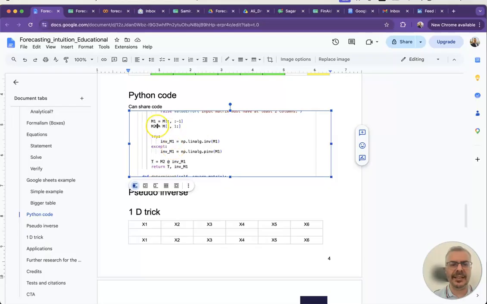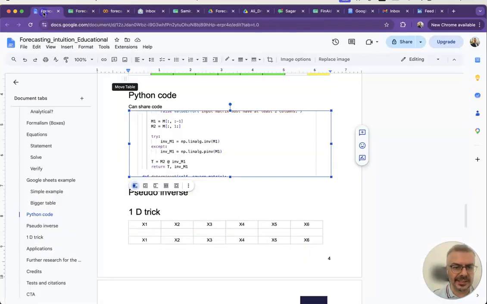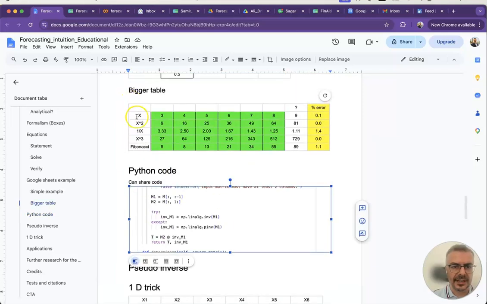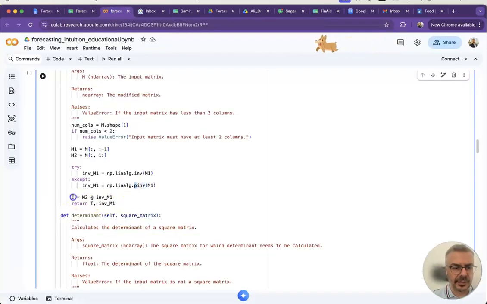Now, if I want to systematize this, here is the Python code. It's in Google Colab. M1 defined, M2, and then this is the inverse, simply inv in Python, or pinv, the pseudo-inverse, which goes through matrix decomposition, singular value decomposition, which solves the case if there is linear dependence between the lines that I have in my numbers, and then it will render my transition matrix.